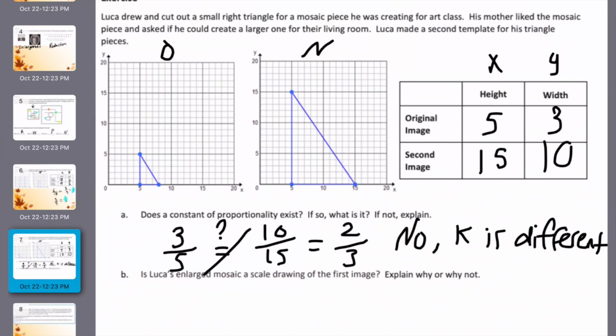Okay, so they are not proportional to each other. Is Luca's enlarged mosaic a scale drawing of the first image? Why or why not? Well, in this case, since it's not proportional, no, it is not a scale drawing.